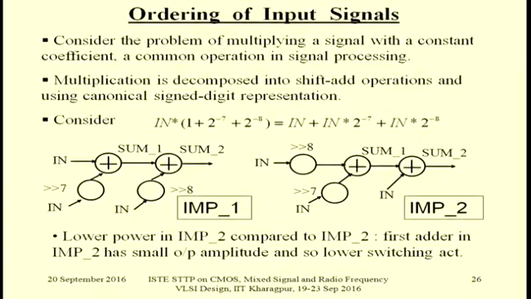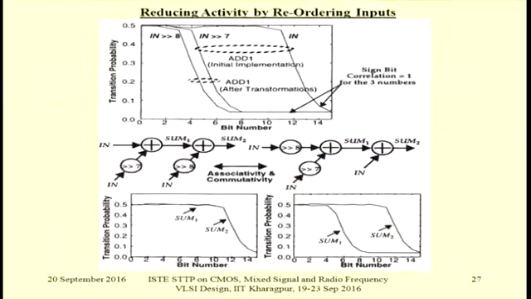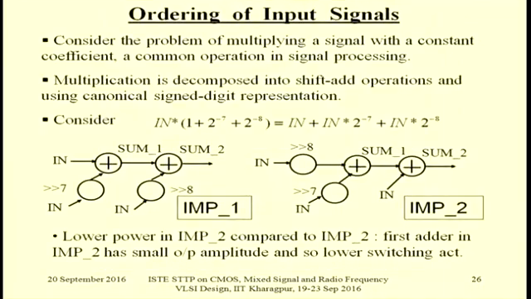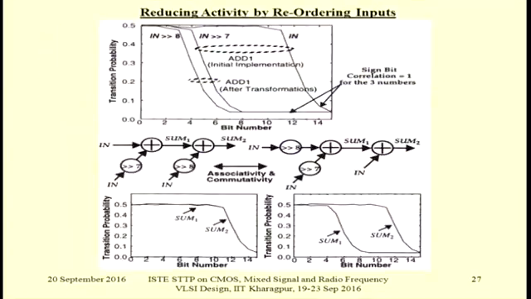So as far as lower switching activity is concerned, this will be preferable to this one. As we show for the two different implementations, for the second implementation, sum 1 is quite small compared to sum 2. Sum 1's transition probability is much smaller compared to sum 2.